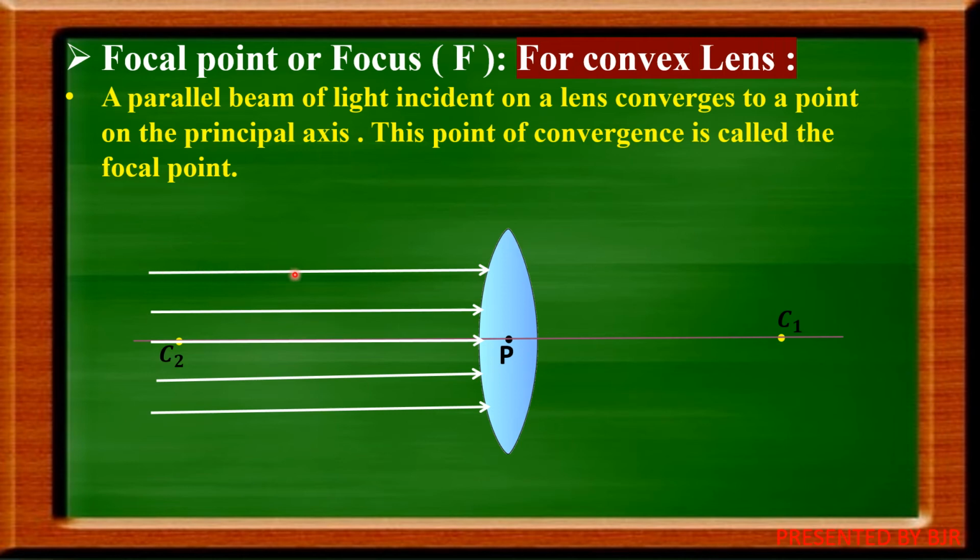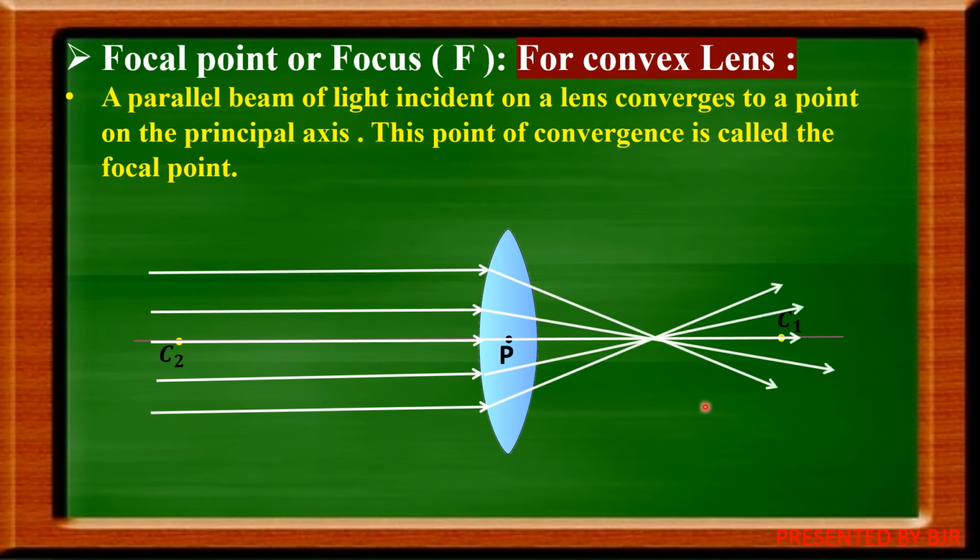So here these are the parallel rays. They will get refracted at the curved surface here, and all the refracted rays, see here, will cross one another at a point on the principal axis here. That means this ray got refracted like this.